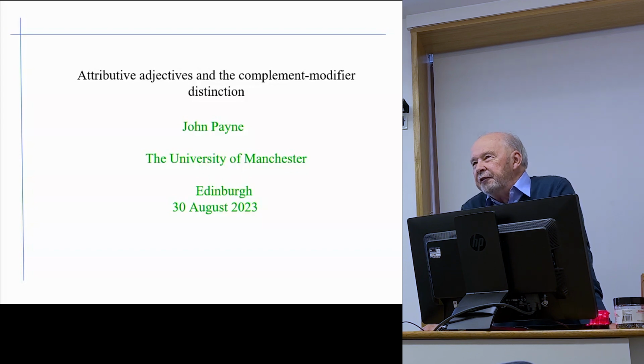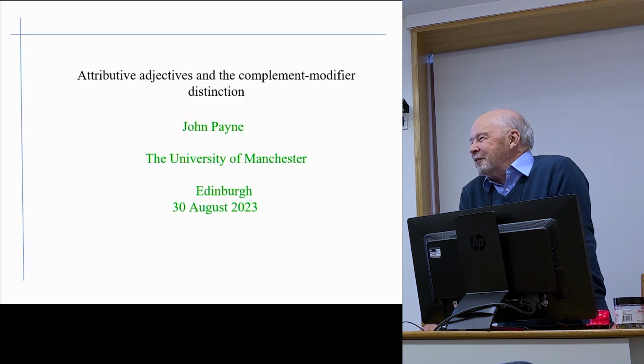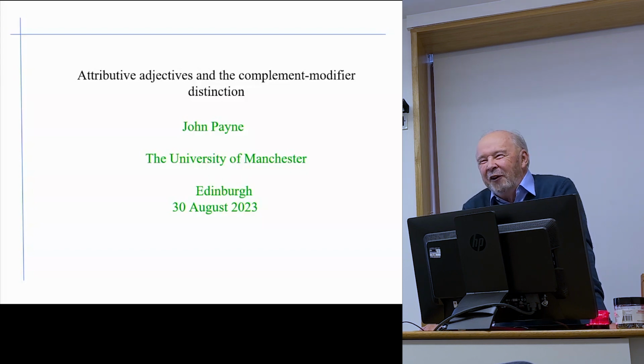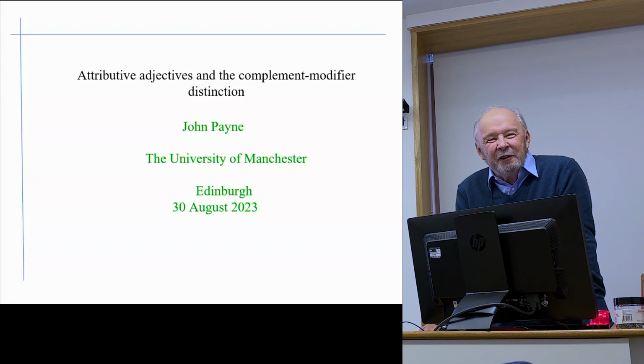Now, this distinction looks a bit like Edinburgh Castle. It's sort of on a big granite rock, and all one can do is probably fire an odd cannon shot at it. It's been around for a long time, it has a very solid base.